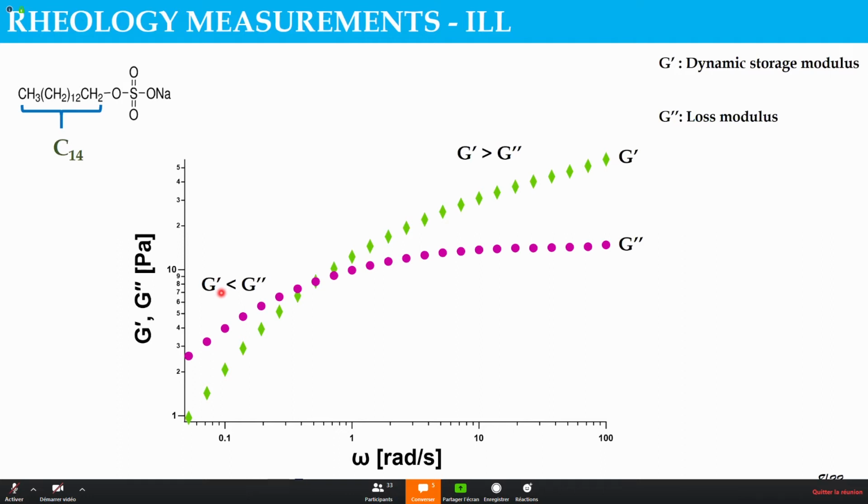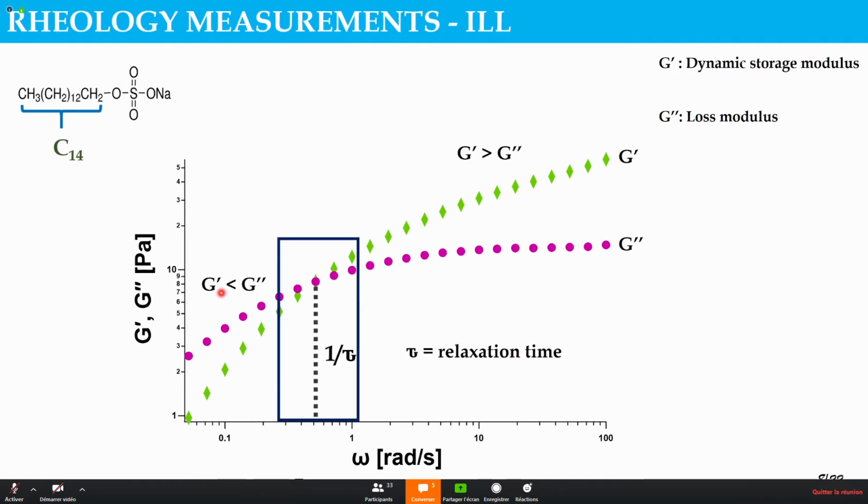But what we see in this graph, and the thing that is really important, is the point of crossover between G prime and G double prime. Because this point gives us a super important parameter, that is the relaxation time. And this relaxation time is a kind of identikit of our material, because it's the time that the material needs to go back to equilibrium. And it's related to the microstructure. Now we can understand why.